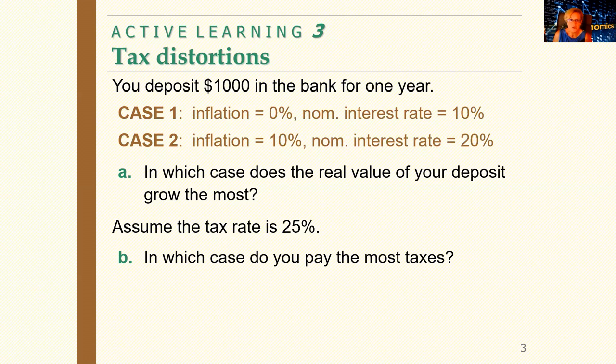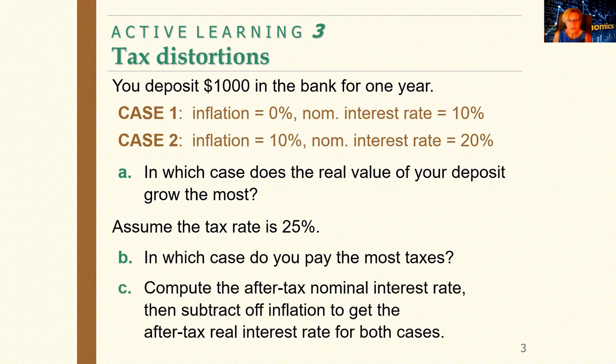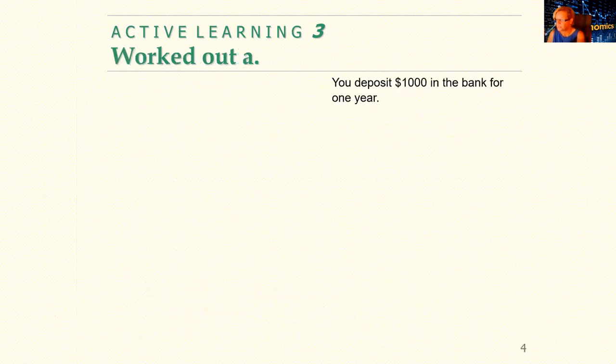In which case do you pay the most taxes? Then we're going to compute the after-tax nominal interest rate, subtract off inflation to get the after-tax real interest rate in both cases. Students tend to glaze over here and in part C because it seems extremely difficult. It's not. So we're going to go ahead and work through an example.